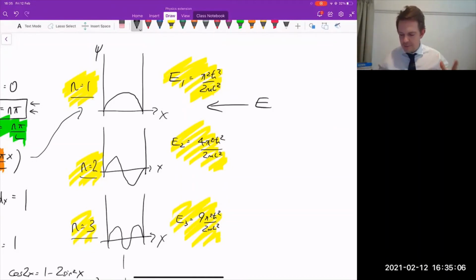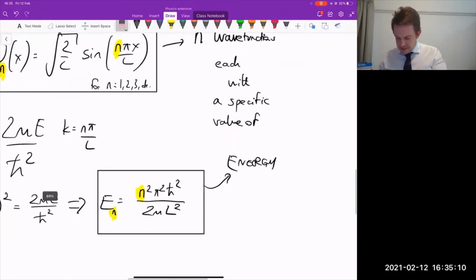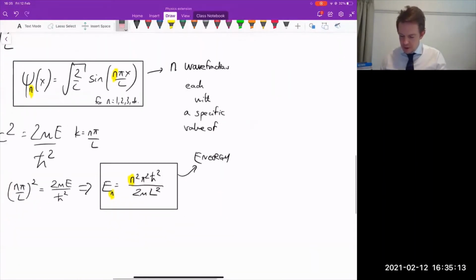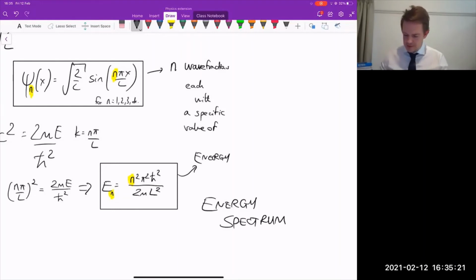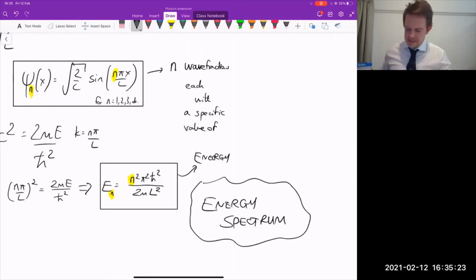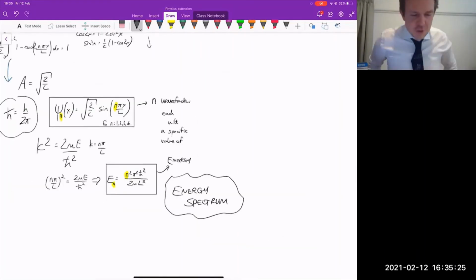It can only have one of the ENs, which is given by this box. So we've got exactly what I promised. I've shown you why and how you get an energy spectrum. The why of it is less clear, but that's how it drops out of our equation, which is based on some of the assumptions and postulates that were made last session.